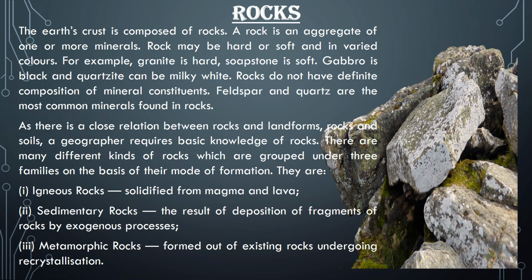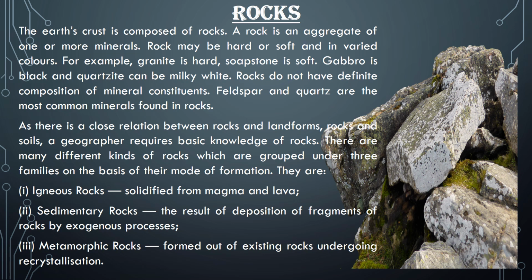There are many different kinds of rocks which are grouped under 3 families on the basis of their mode of formation. They are 1. Igneous rocks, solidified from magma and lava. 2. Sedimentary rocks, the result of deposition of fragments of rocks by exogenous processes. 3.